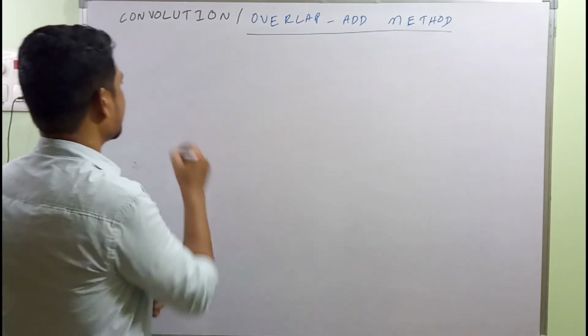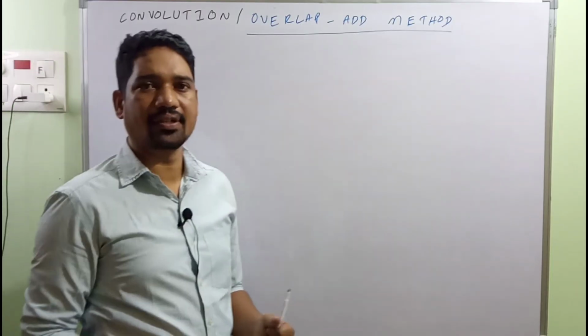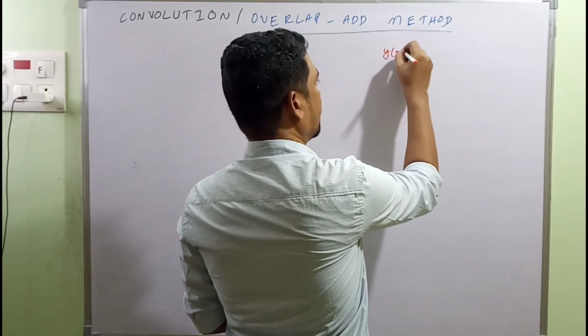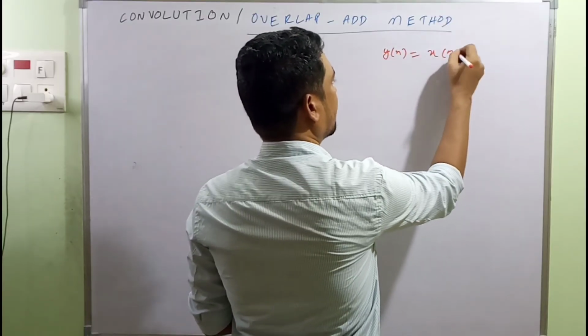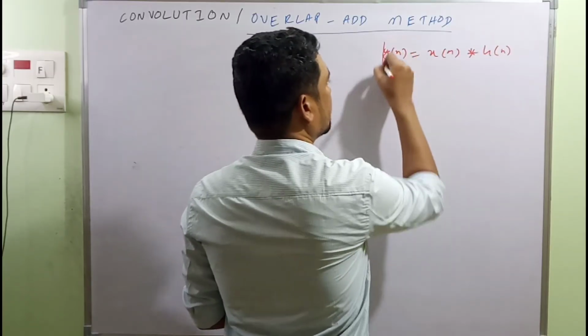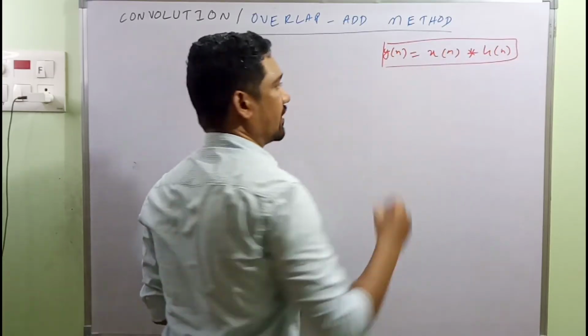Let's do that. Convolution gives the response y of n. x of n will be given, and the convolution between the impulse response h of n and x of n will be the final output y of n.